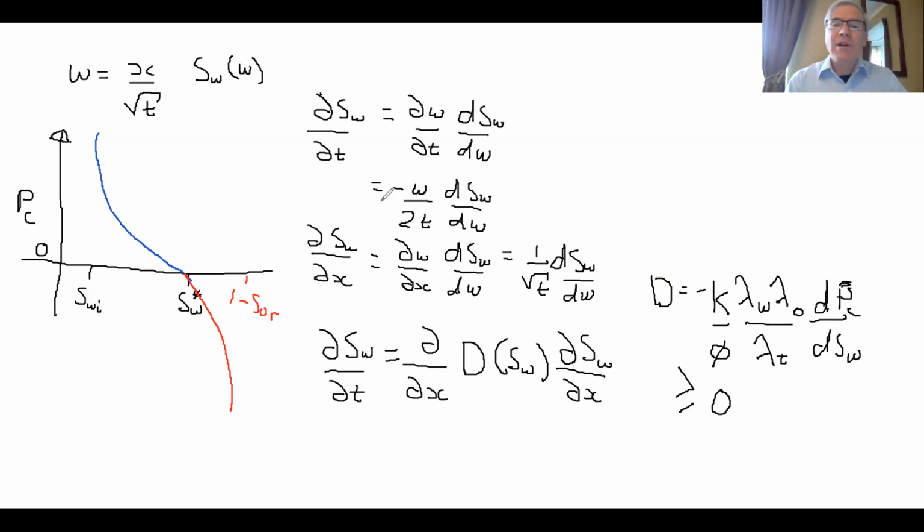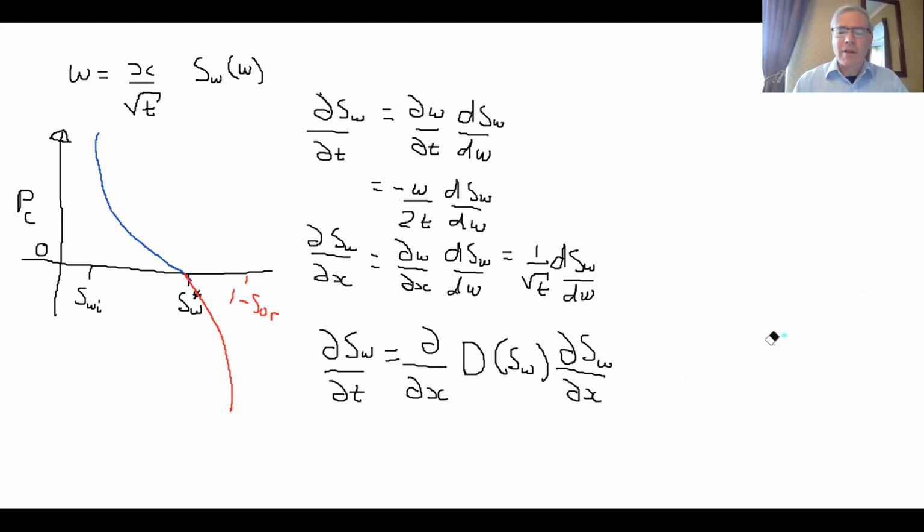Let's erase, let's give ourselves a bit of space to actually do this. Hopefully we can erase all of this. Yeah, okay, good. Now what this equation is going to become: we've got the d by dt, so that's minus omega, or minus w, as I said, it's up to you, over 2t, times dS by dw.